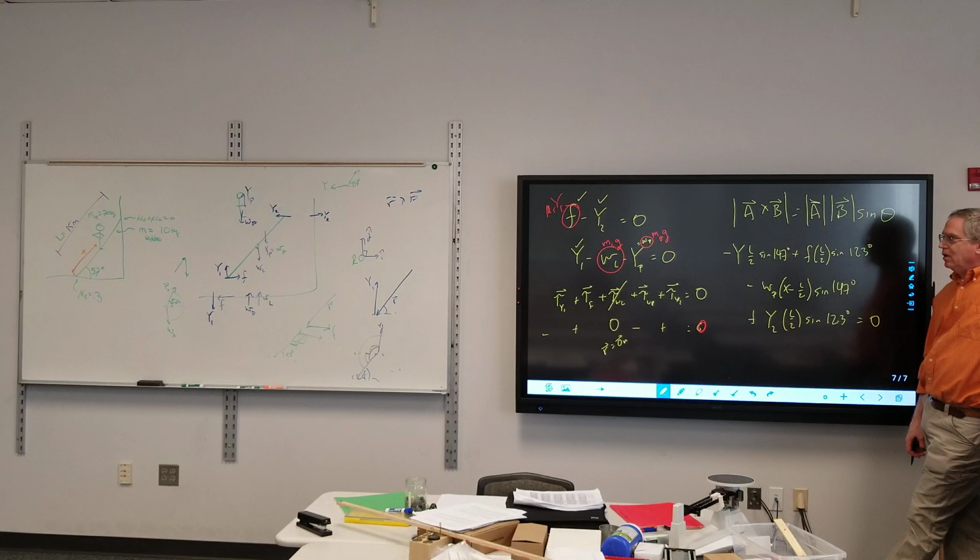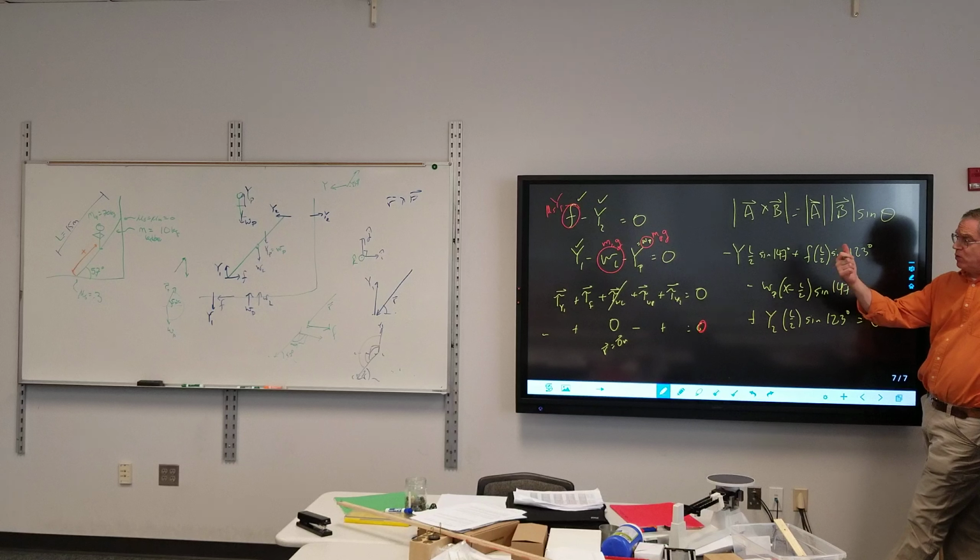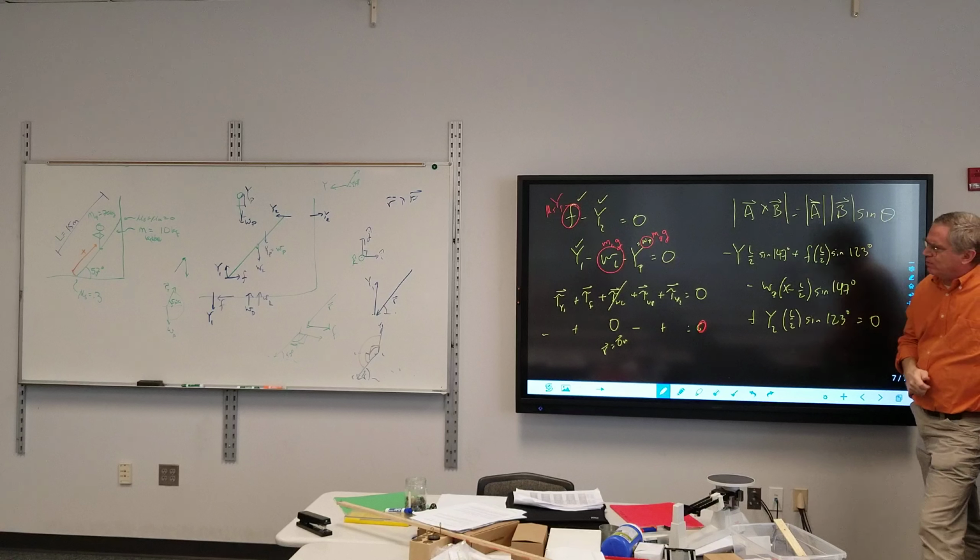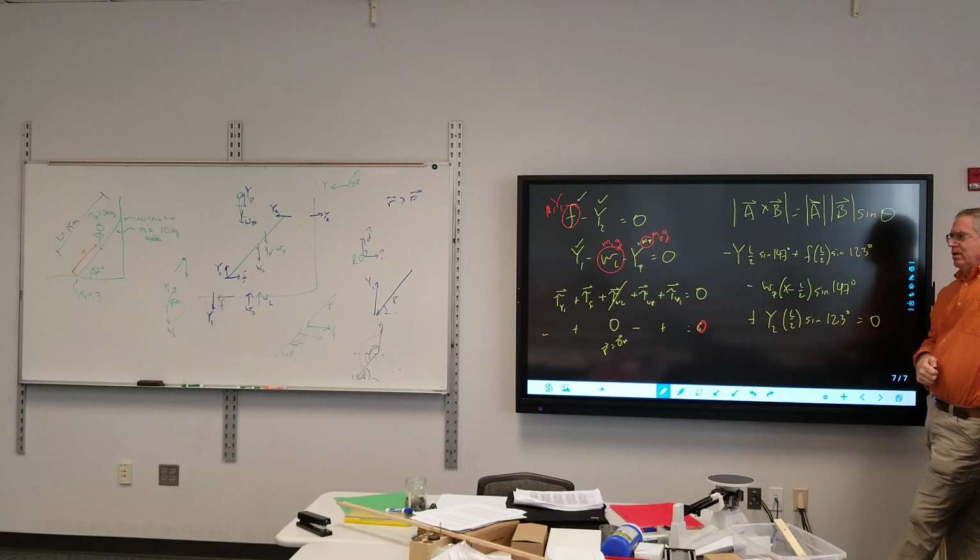We didn't know friction, Y2, Y1, or X. But when we did the substitution, we related force to Y1, and so now we have only 3 unknowns.